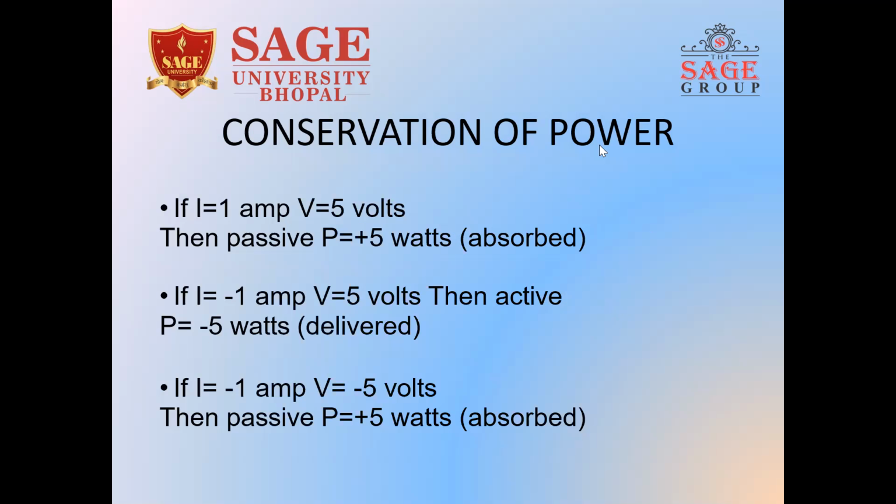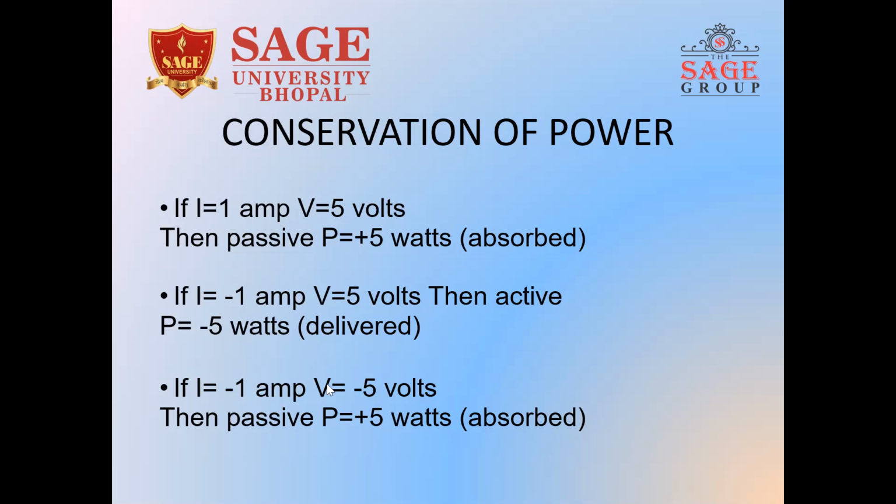And here are some examples related to power absorbed and power delivered. If we get positive power, the power is absorbed, and if the power is negative, the power is delivered.